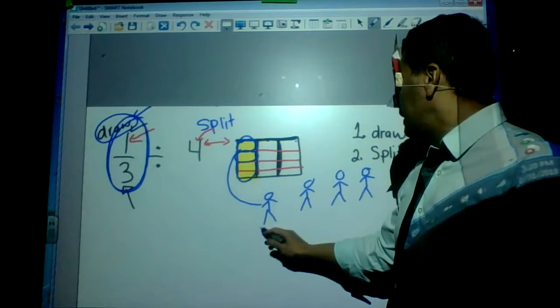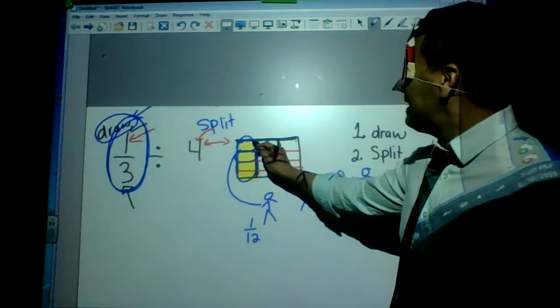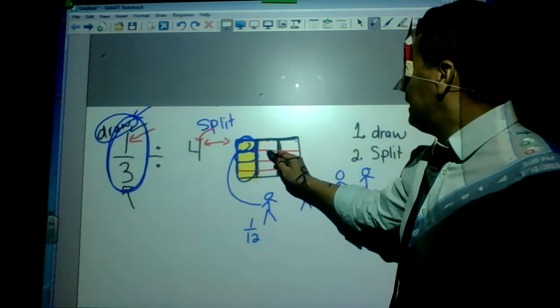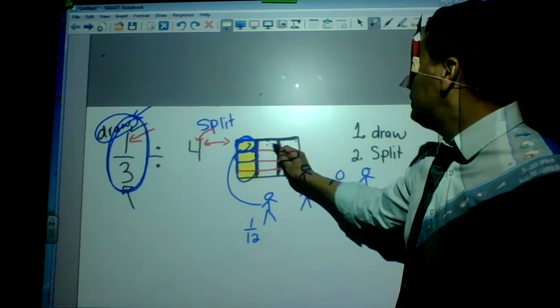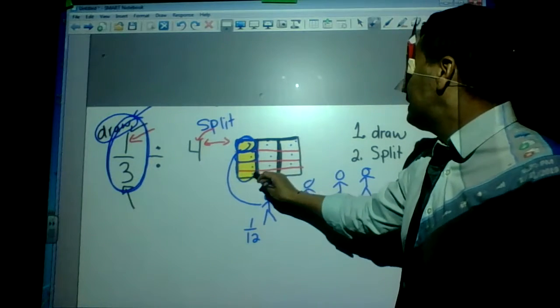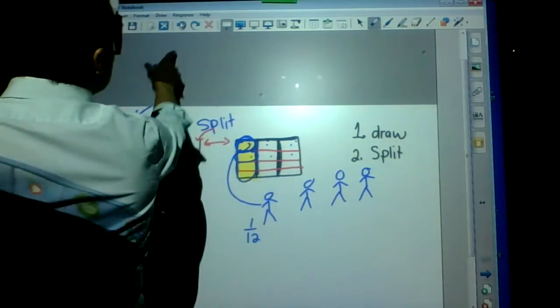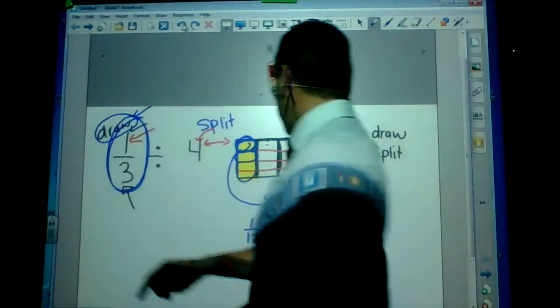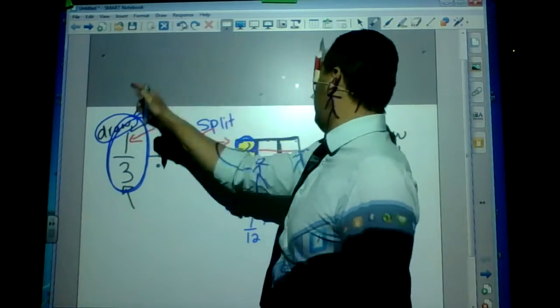So that would be 1 out of 12 because this is only 1 piece and there is 12 in the whole picture. 1, 2, 3, 4, 5, 6, 7, 8, 9, 10, 11, 12. So that's where I got the 12. So each person is going to get 1/12.